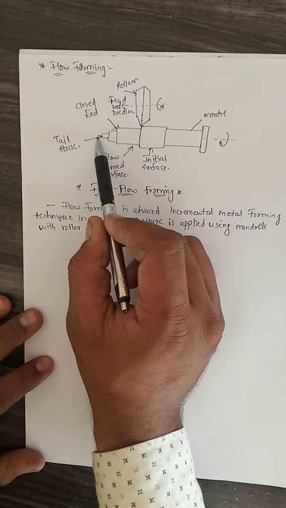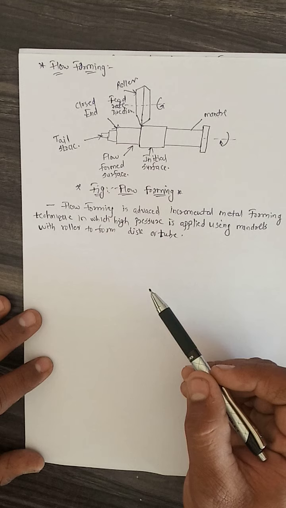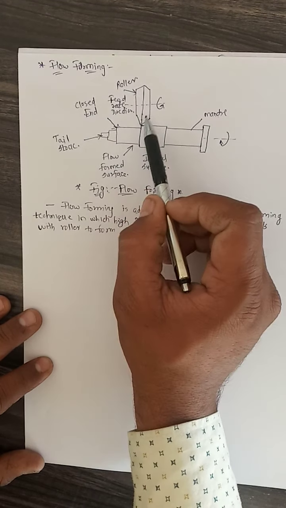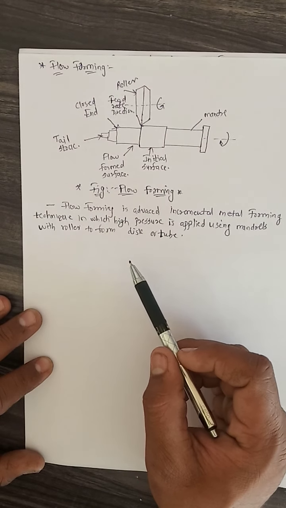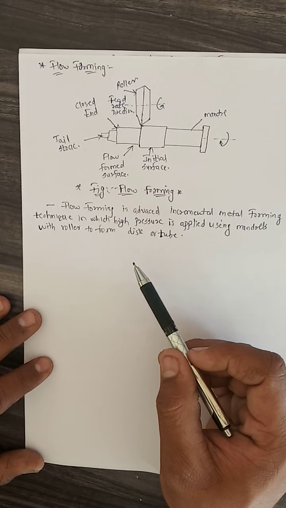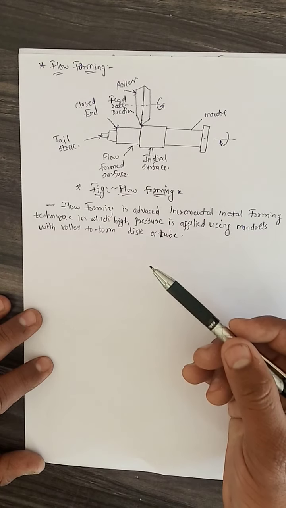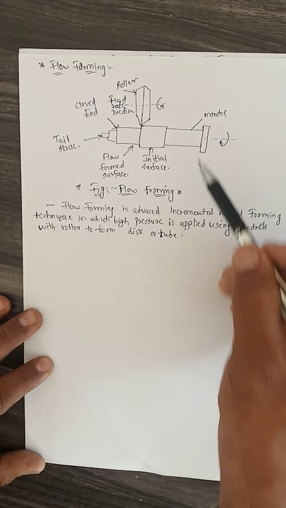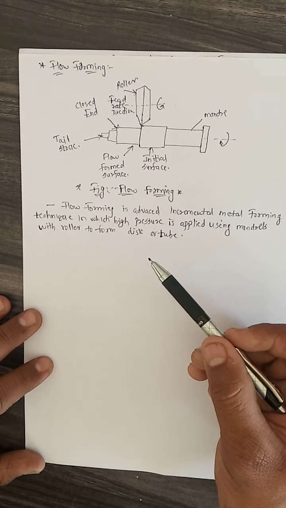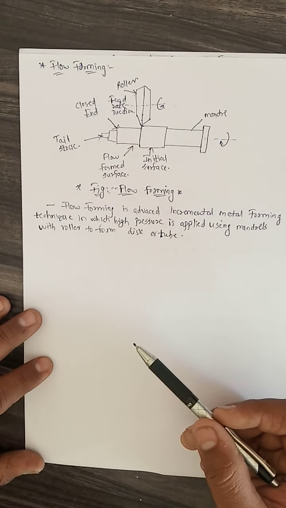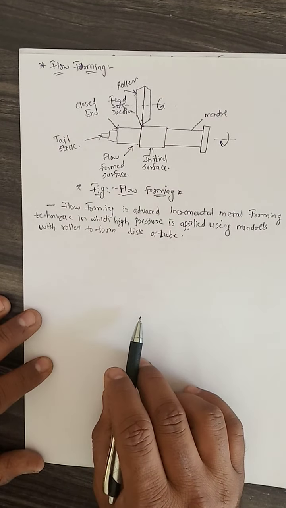One end, the tailstock, is fixed to the lathe machine, so by applying the force, the required shape is obtained from this process. The roller deforms the workpiece, forcing it on the mandrel by both axial length and thickness. This is how the flow forming process is carried out.